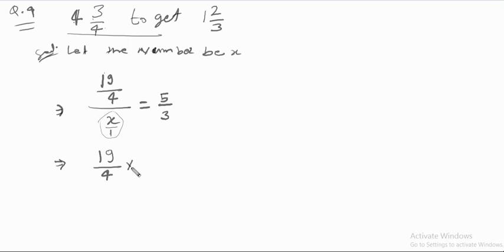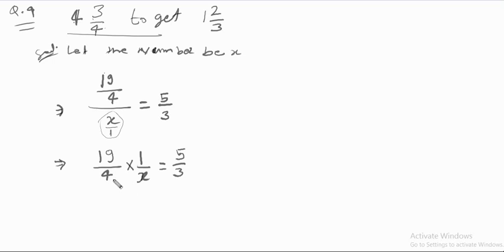I told you in our last lecture that whatever term is in the denominator, if we take it into multiplication, it becomes reciprocal. So 1 will come above and x in the denominator, equal to 5 by 3.